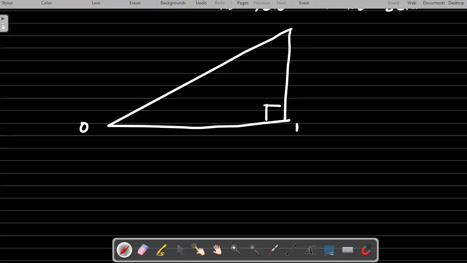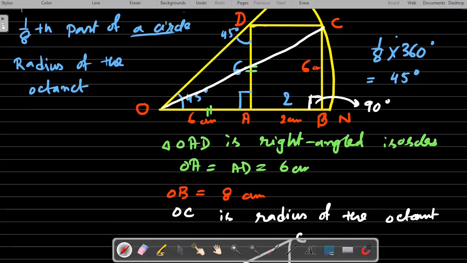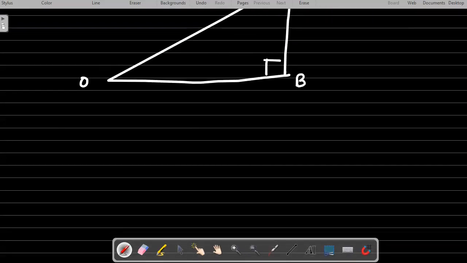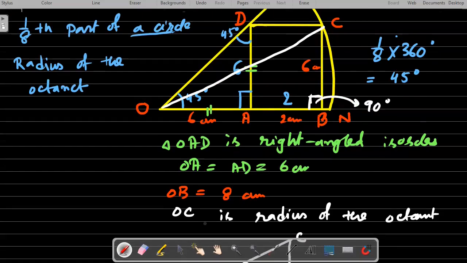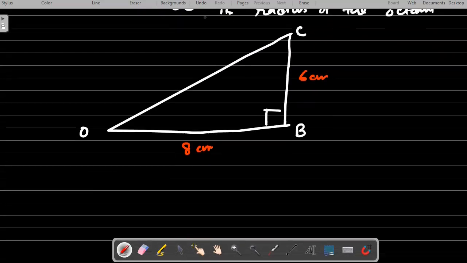This is our O, this is B and this is C. In this triangle OB is 8 centimeter. What is BC? This is 6 centimeter, because this was a rectangle and AD is given 6 centimeter.